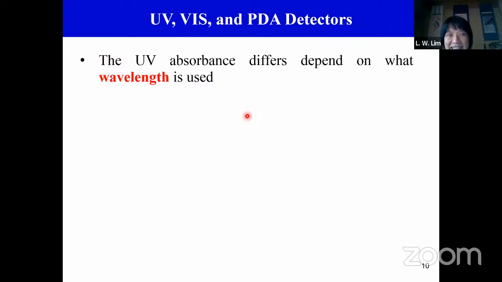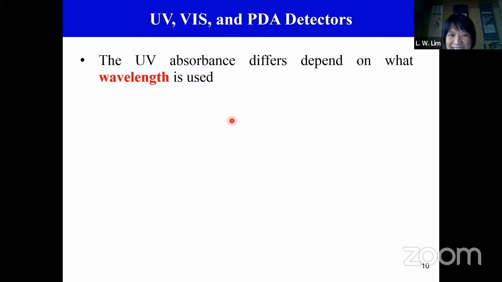I think this kind of information you already learned in organic chemistry, if you still remember. When you have a chromophore, meaning a compound that can absorb UV light, then you can use a UV detector. If you look at all the compounds around us, more than 80% of them have UV absorbance, so it is very easy to use a UV detector.